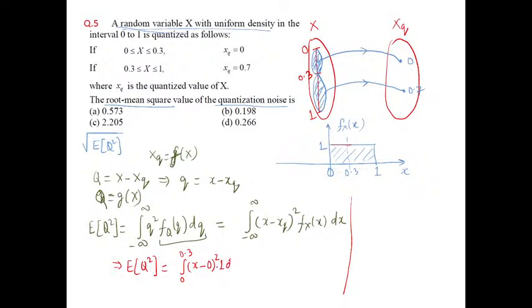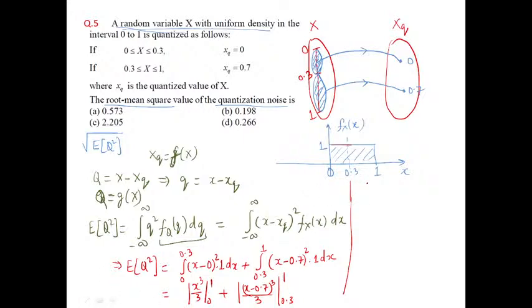So it will be into 1 dx plus, and again from 0.3 to 1, xq is 0.7, so (x minus 0.7) whole square into 1 dx. So this will be equal to, simply integrate it, you will get x cube by 3 from 0 to 0.3 plus (x minus 0.7) whole cube divided by 3 from 0.3 to 1.